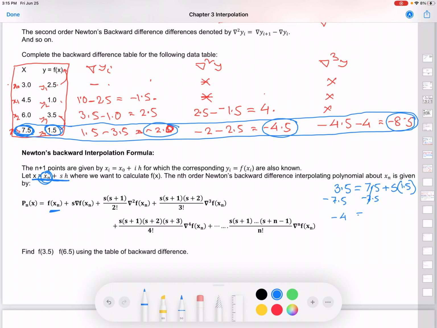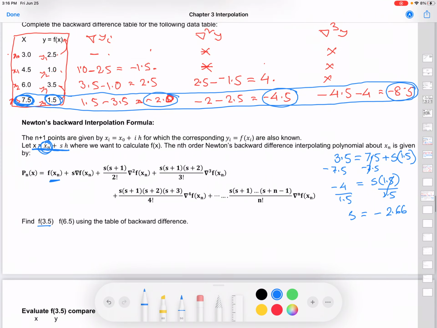Negative 4 is equal to s times 1.5. You divide both sides by 1.5, which gives s equal to negative 4 divided by 1.5, which is negative 2.66.